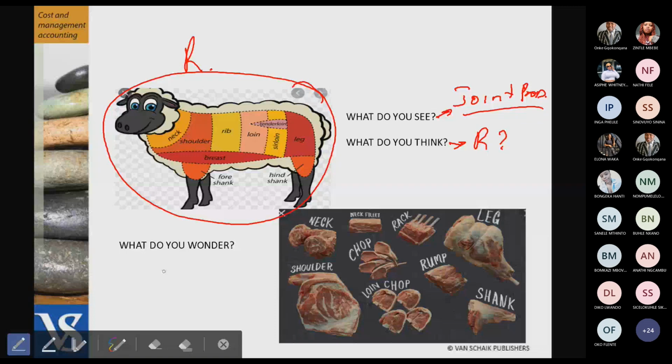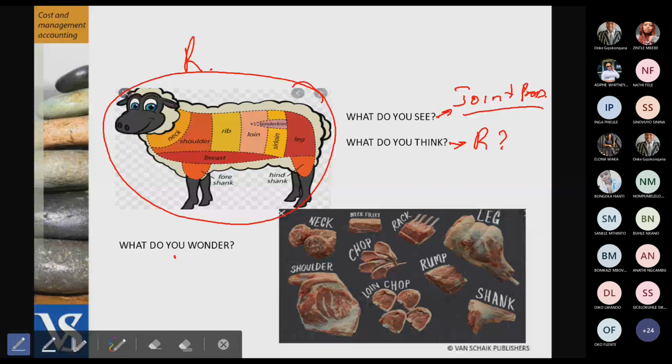What do we wonder? We wonder, okay, probably how many different sets or types of meat we can come up with out of this shape. So we can come up with this number. If you count on the next page, you could say probably we've got 9 sets of meat that will come out of that one shape.